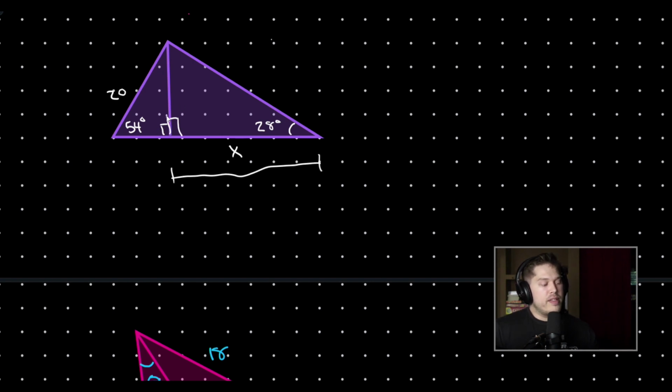And the shared piece in this case is this altitude, this drop down. That length is both part of the left triangle and the right triangle. So we're going to solve for it first. Therefore, we can then solve for x. So let's call this altitude, let's just call it a. And to solve for a, let's think of SOH-CAH-TOA.